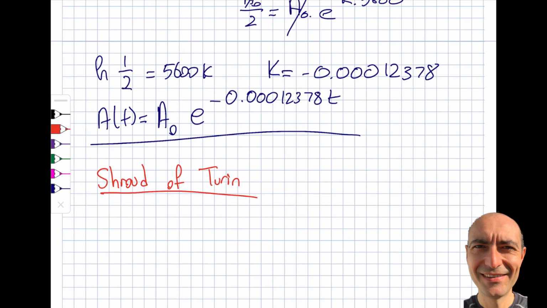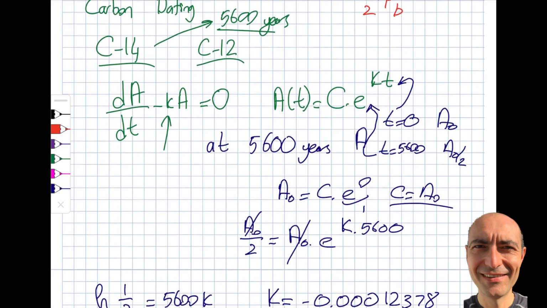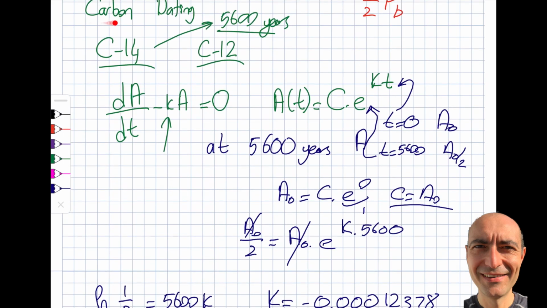But in 1988, the Vatican gave permission to have this Shroud of Turin dated, right? Some independent laboratories dated it, and they found it to be approximately 660 years old. So the question that I want to investigate here is, if I'm using this half-life, right here, carbon dating, what percentage will stay?